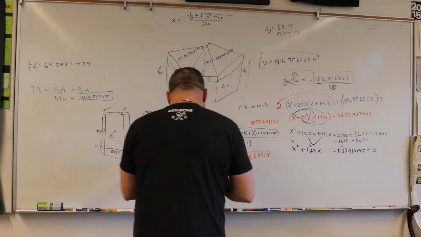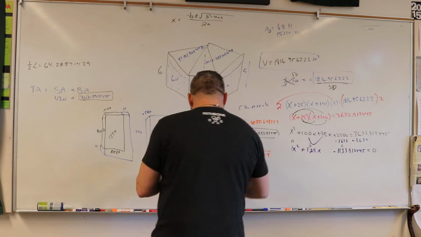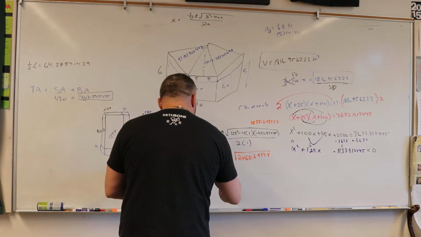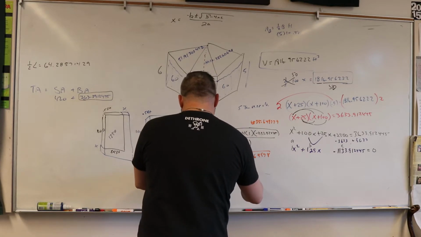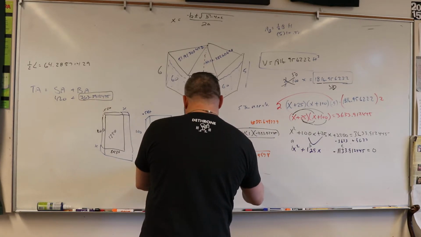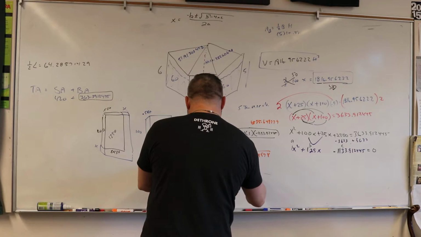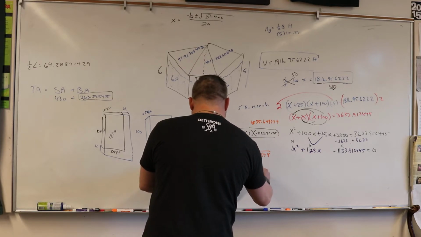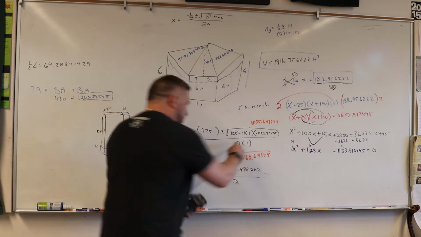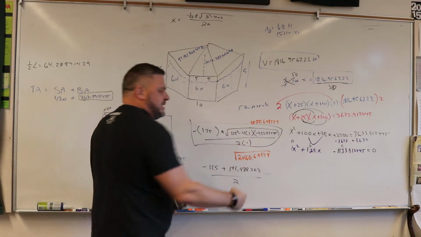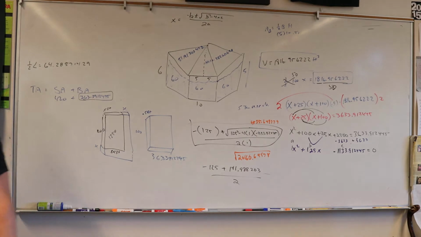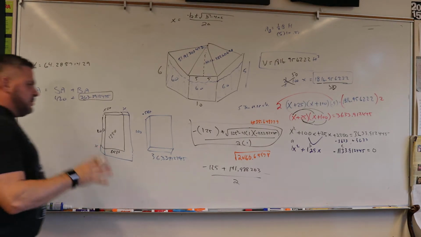So now I come down, and I've got negative 125 plus 141.988203 all over 2. And don't forget, this wasn't a problem. We were just getting done with that square root part, okay? So deal with your square root.